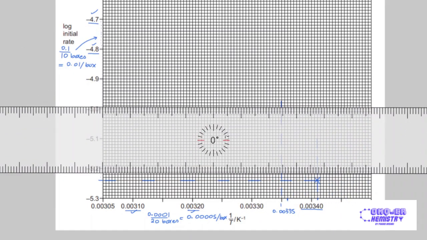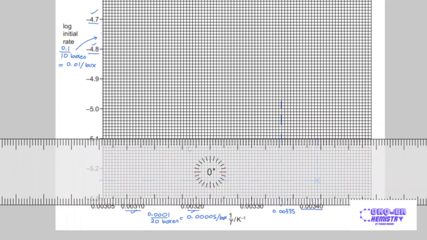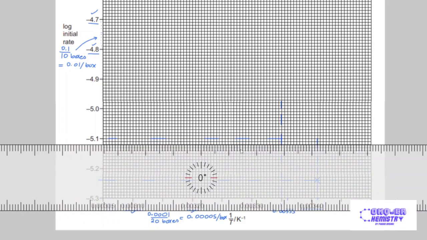Draw a horizontal line from that point on the y-axis. This is 5.10. Okay. Draw a horizontal line and make sure these two lines intersect. Found the intersection. And so this is going to be a cross over here.